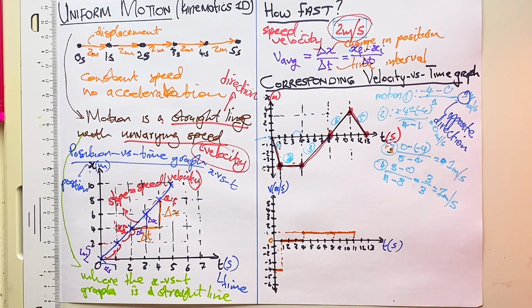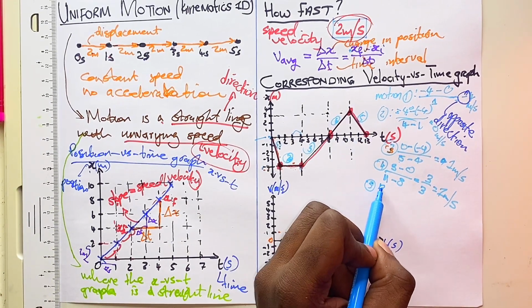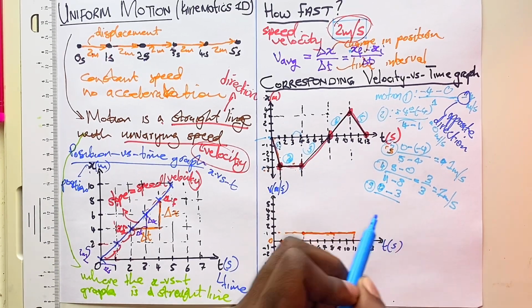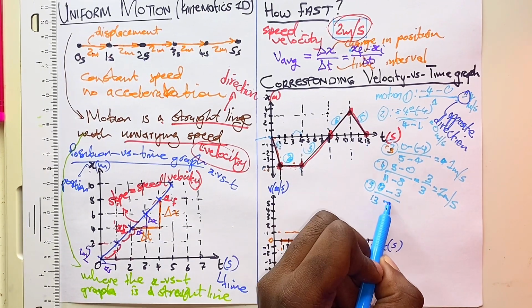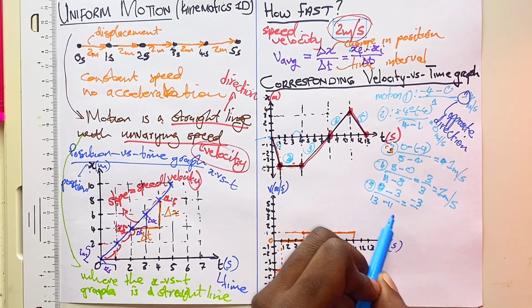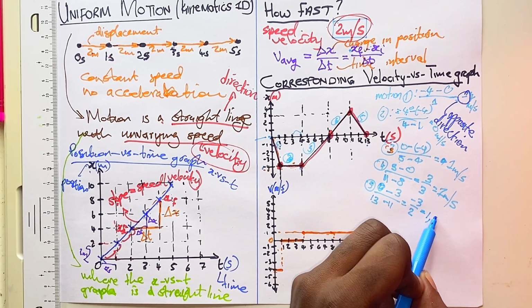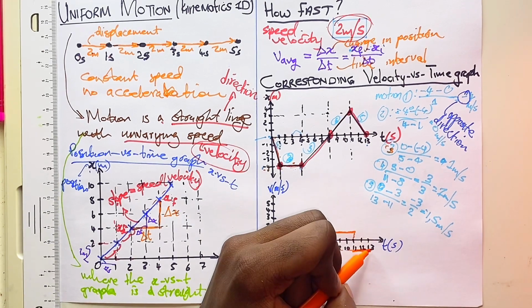Now for motion 5, our final position is 0, subtract the initial position, which is 3, over our time of 13 seconds, subtract the initial time, which is 11. We have negative 3 over 13 minus 11, which is 2. So we have negative 1.5 meters per second. So we will draw it here again and go to negative 1.5, which is here, and draw our velocity versus time graph.